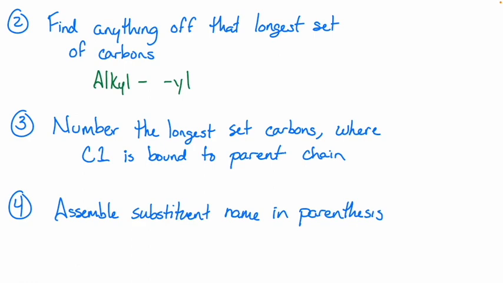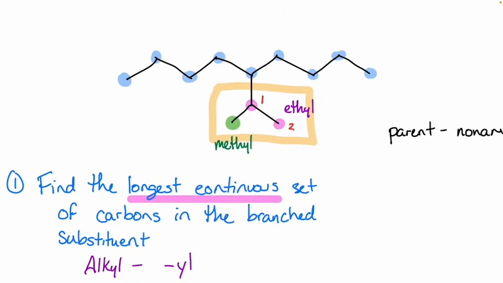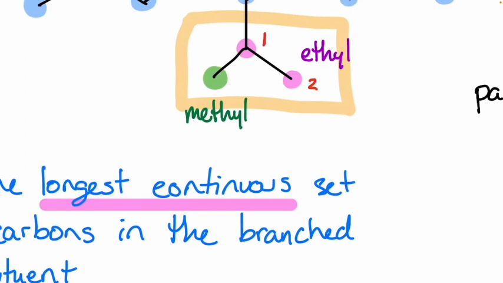Okay, and the longest chain comes second. You don't really do it in alphabetical order. So in this case here, I'm going to put it all together. In parentheses, this would be 1-methylethyl.